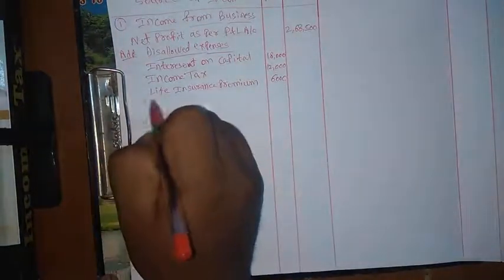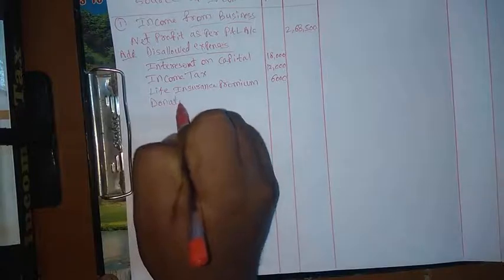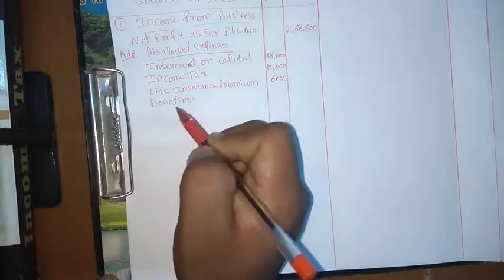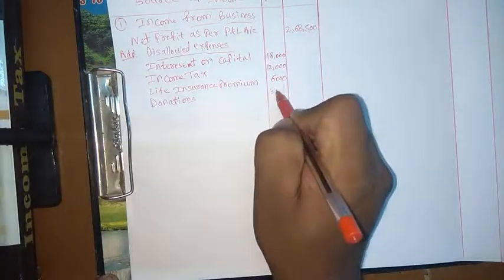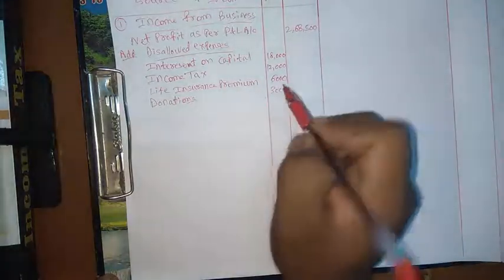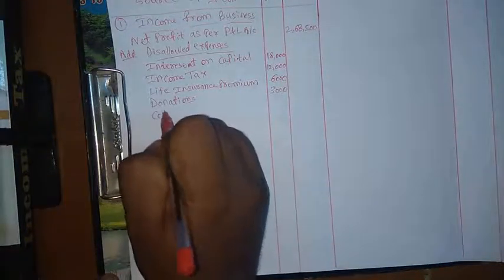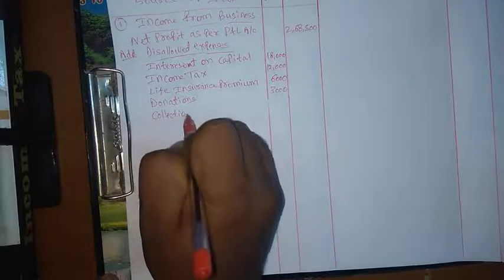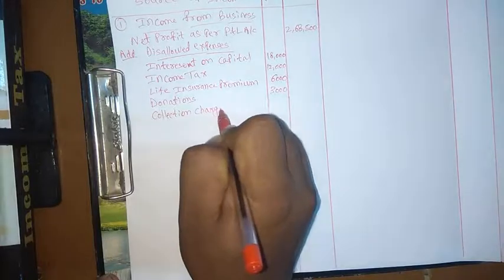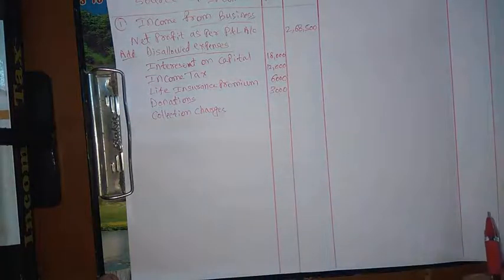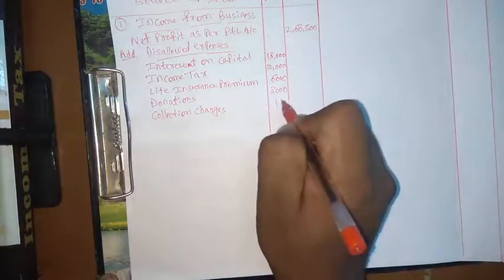Then donations, it is 3,000 rupees. Then collection charges, charges for collecting cheques, that is totally 150 rupees.